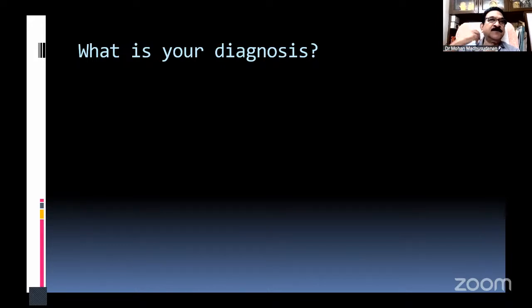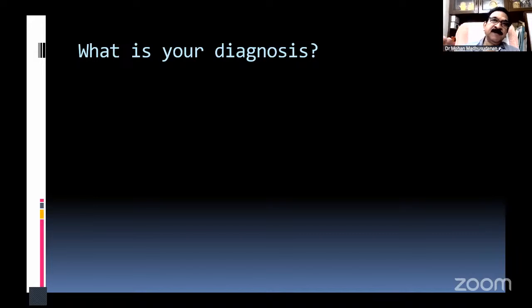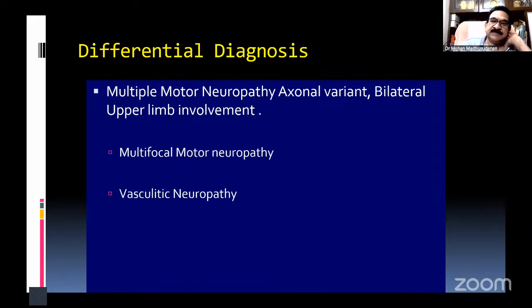There can be multifocal motor neuropathy, or some kind of vasculitis that can be predominantly motor and sensory, where SNAP may be absent on electrophysiology. So that should be the best possibility. This is the multifocal motor axonal variant, the possibility I considered. Both upper limbs are affected, lower limbs are all normal. So these are the two possibilities considered: multifocal motor neuropathy and vasculitic neuropathy.